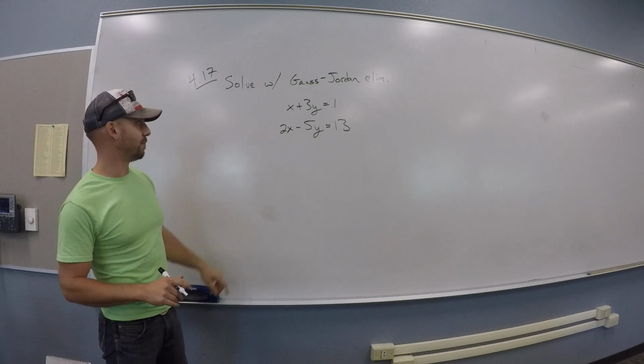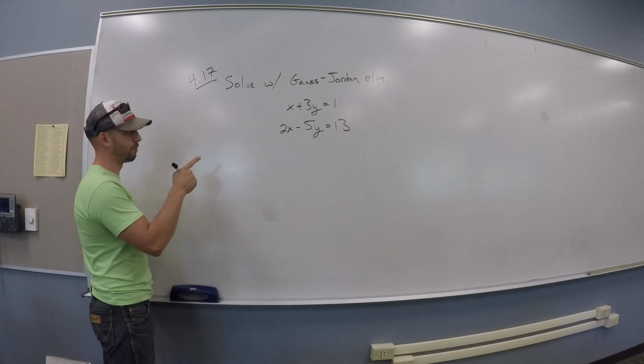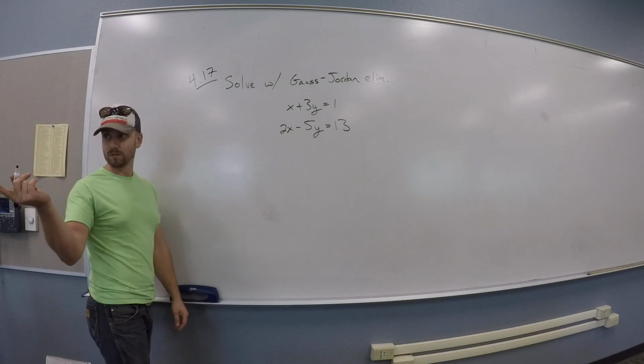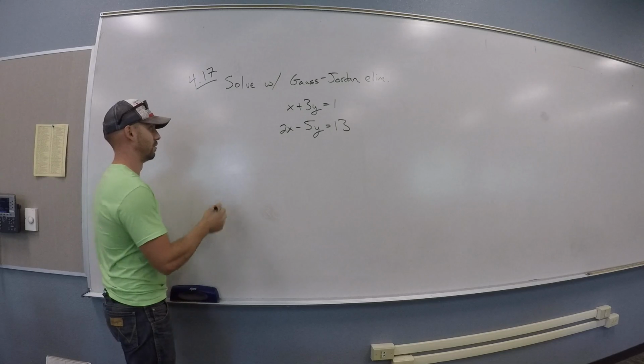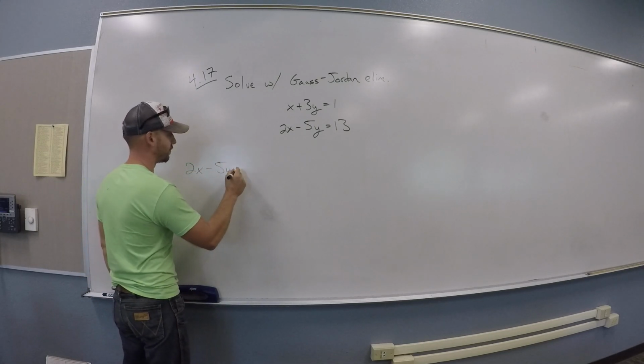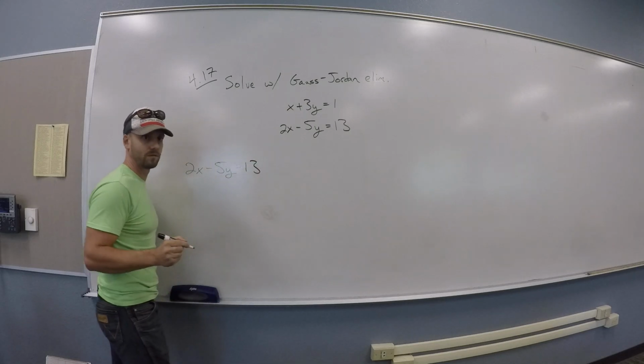So for regular elimination, I would take the top row, multiply it through by -2. So my bottom row is 2x minus 5y equals 13.